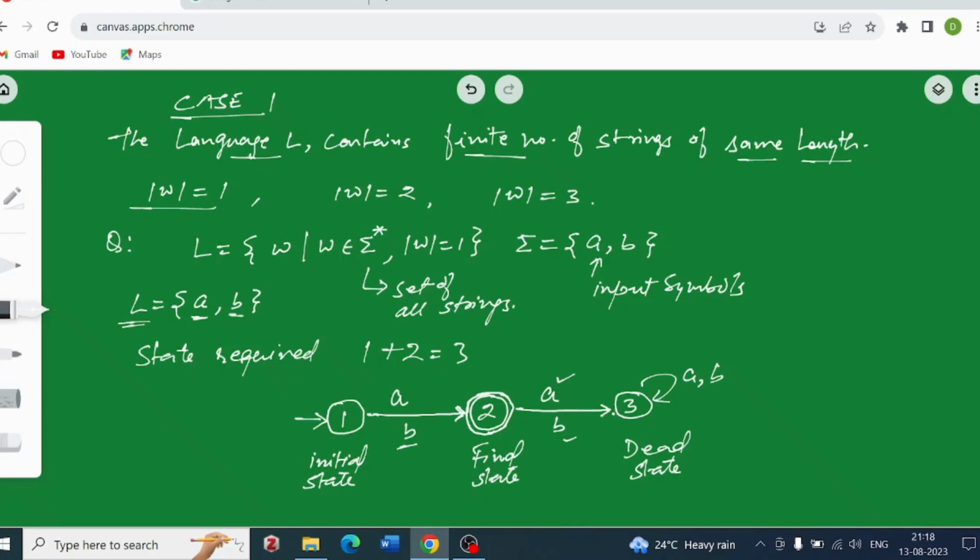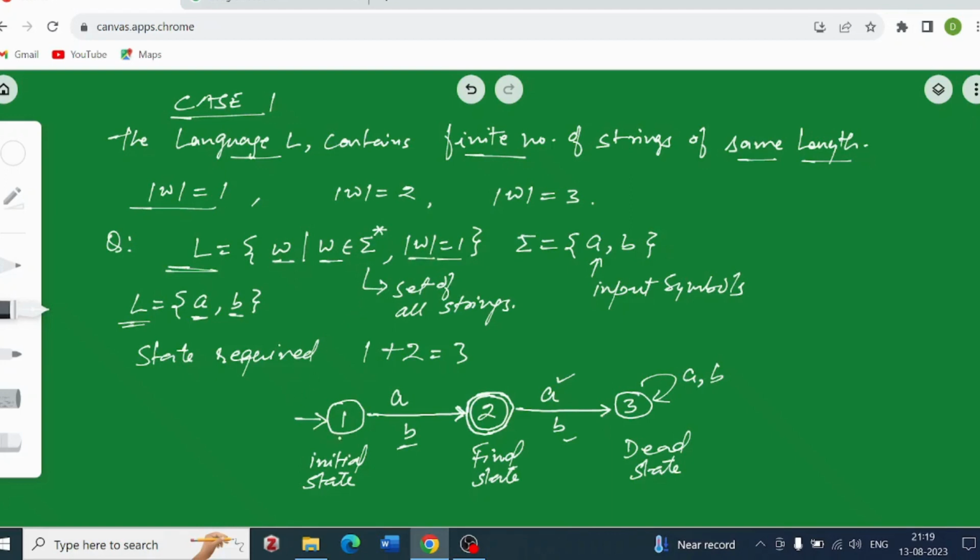So this is the state transition diagram of the DFA whose language is given as L equal to W, where W belongs to sigma star, that is, W is a string over the alphabet sigma whose length is exactly 1.